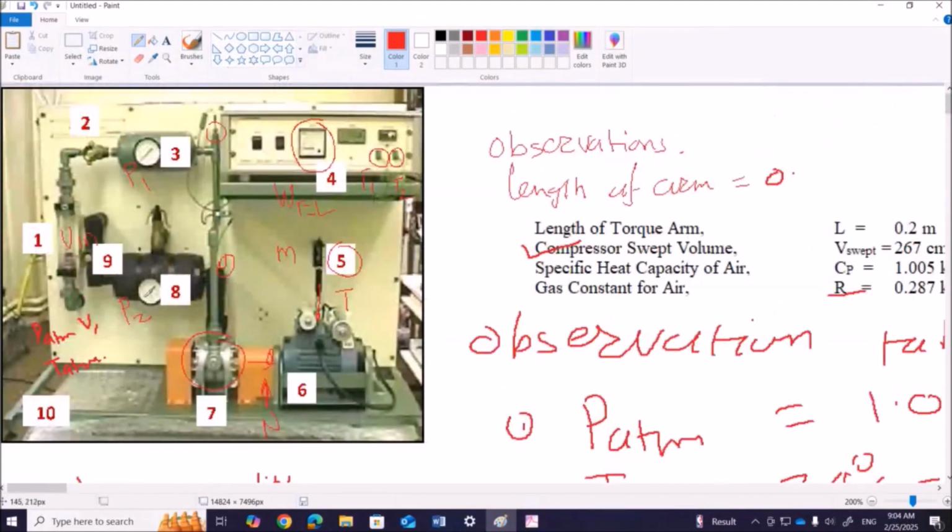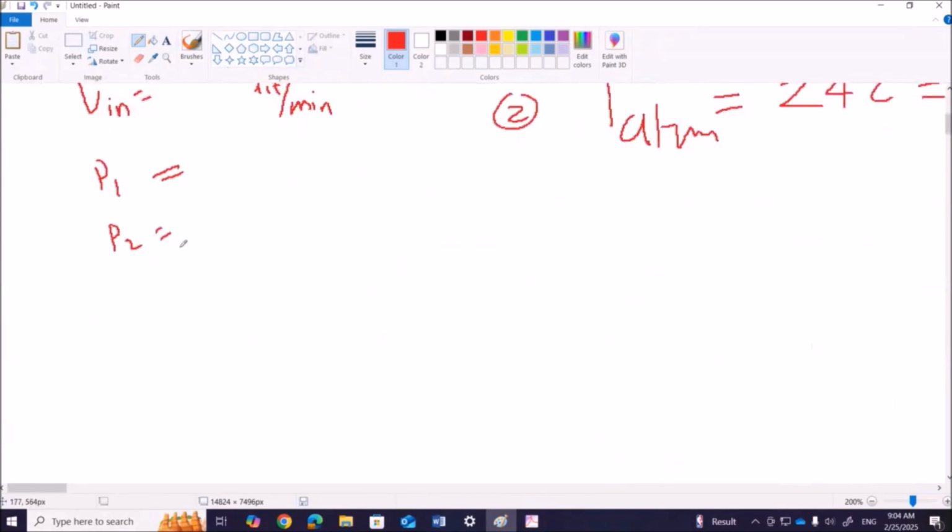This should be in the observation table, and then I need to measure the temperature T1 here and T2 here. So I need to write another column.